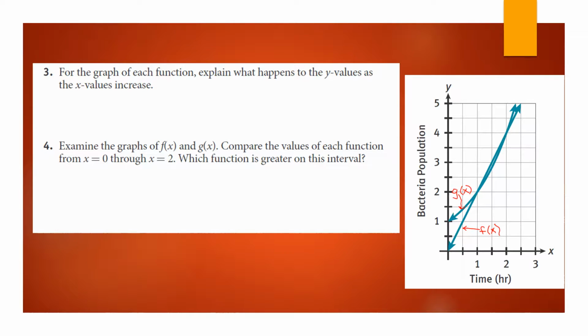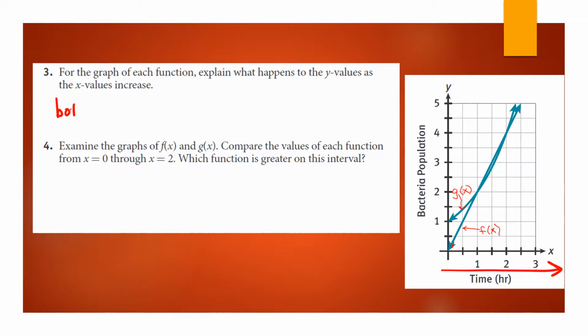So now we're going to compare them a little bit. For the graph of each function, explain what happens to the y values as x values increase. Well, in either case, as x is increasing, the y values are going up. So it's starting low and going up.